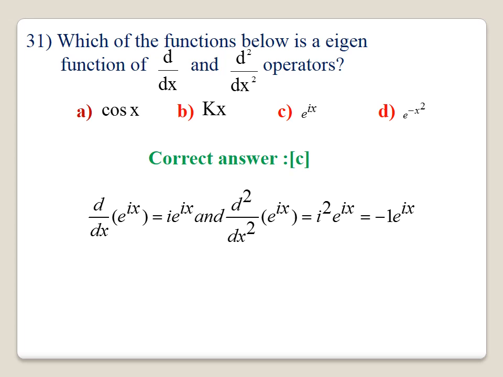Similarly, d square by dx square of e power ikx will be equal to ik square into e power ikx, which is minus k square into e power ikx, since i square is equal to minus 1. So e power ikx is an eigenfunction of both d by dx and d square by dx square. The correct answer is C.